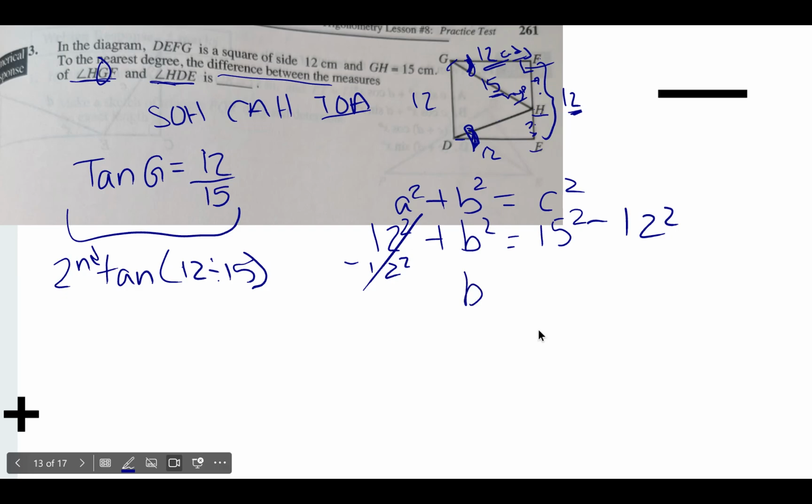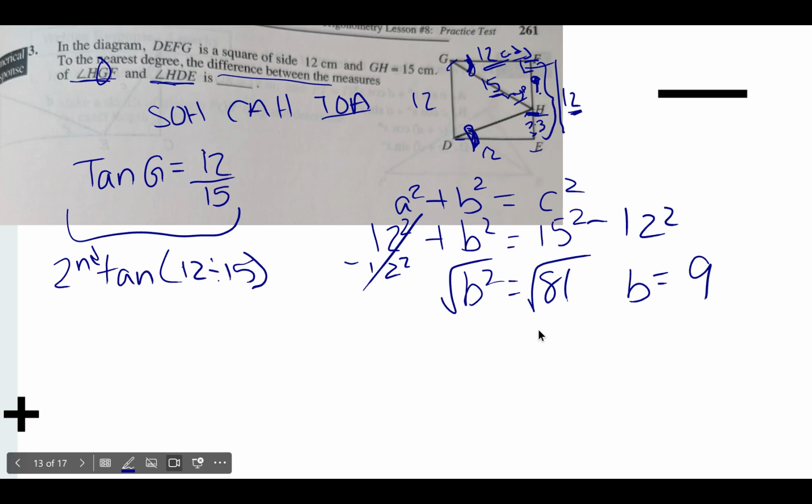And that b squared equals 81. Square root both sides. B equals 9. So this part here from H to F is 9. We know this whole length is 12. So then 12 minus 9 is going to be 3, and that's going to be this little bit in here.